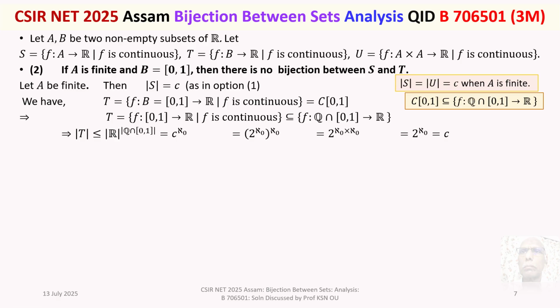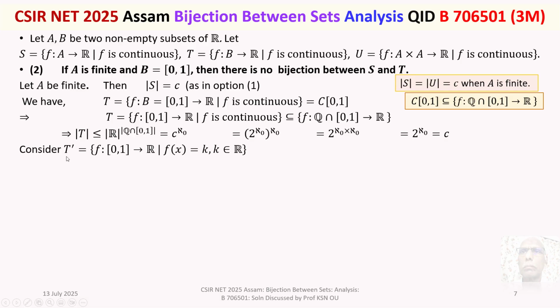But now consider T prime, the set of all functions from [0,1] to R such that f of x is equal to k, where k belongs to R. So T prime consists of constant functions. Every constant function is continuous.